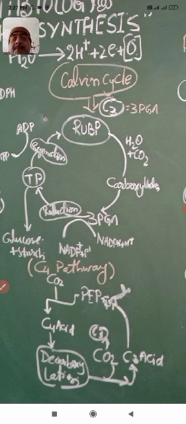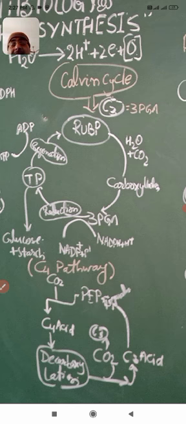But in C4 plants, these mesophyll layers are very thick, and they get attached with the bundle sheath cells, which get attached with the vascular bundles like xylem and phloem. So there is a connection between the bundle sheath and the mesophyll cells.